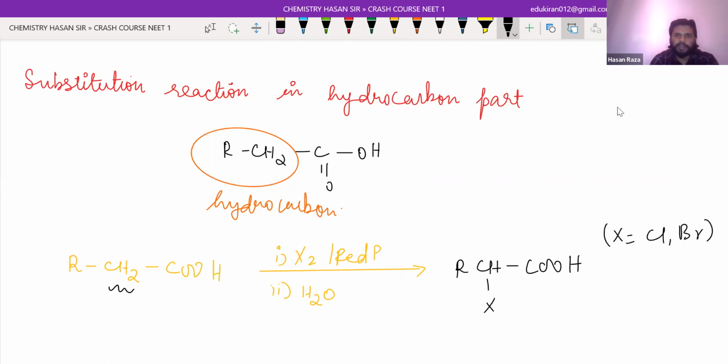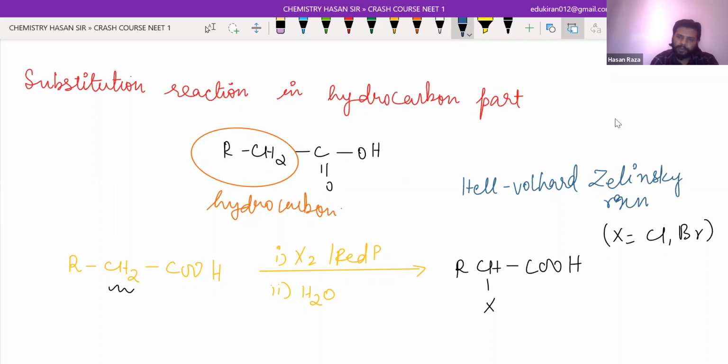This reaction is known as HVZ, the Hell-Volhard-Zelinsky reaction. In some books, it is denoted by HVZ.